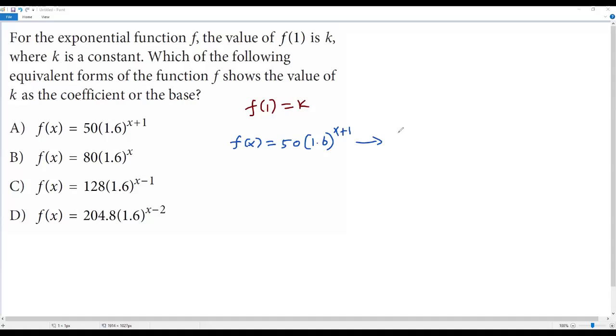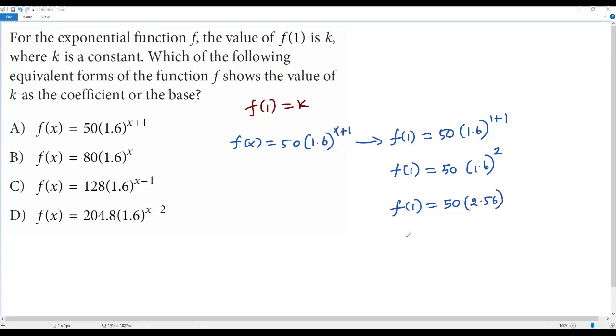Then I'm getting f of 1 equals 50 times 1.6 to the power 1 plus 1. So f of 1 is equal to 50 times 1.6 to the power 2. When I take 1.6 squared, the value is 2.56. When I multiply 50 and 2.56, I'm getting 128.